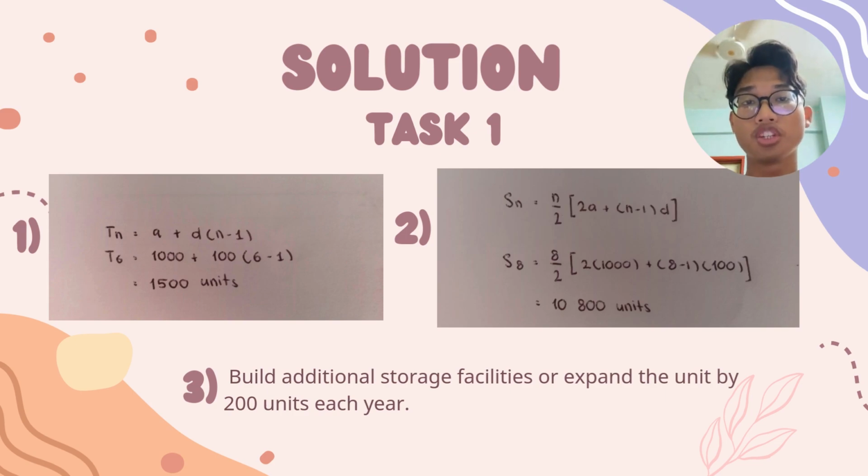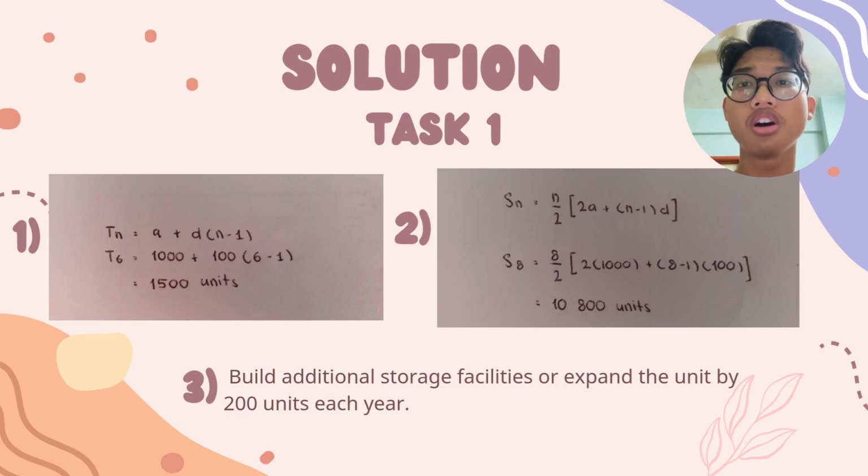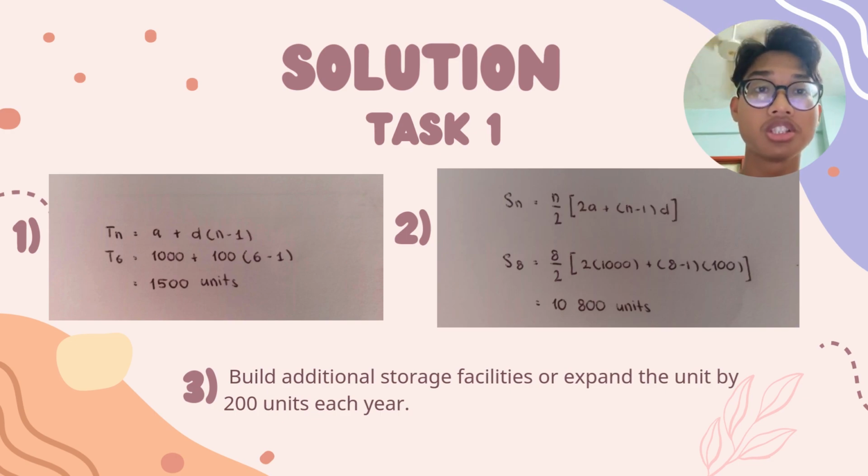So move on to question number 2. Using the formula for the sum of an arithmetic sequence, which is Sn, the sum of the number of terms, equals n over 2 multiplied by 2 times the first term plus the number of terms minus 1 multiplied by the common difference.